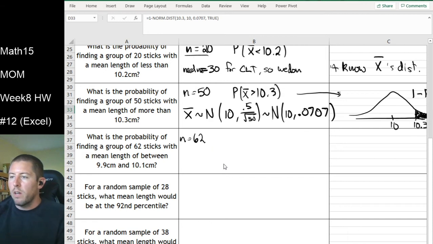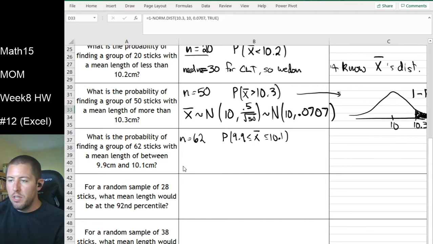Let's see if I can organize my work a little bit smarter to draw some smarter pictures here. We are interested in the probability that we have between 9.9 and 10.1 for the value of x bar, for our sample average.